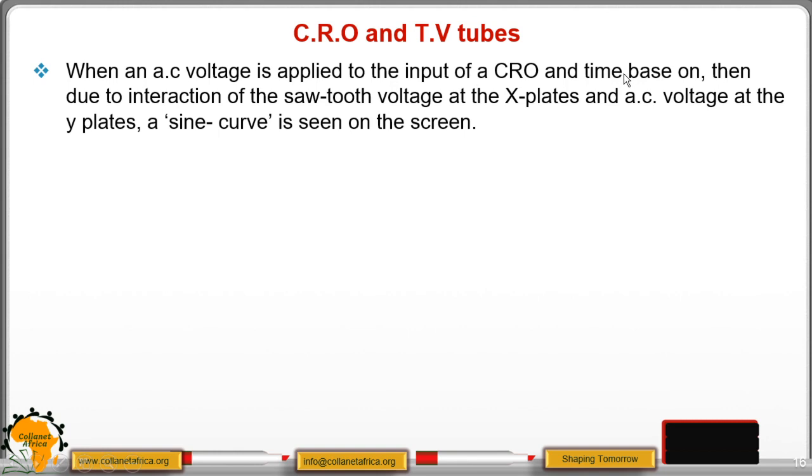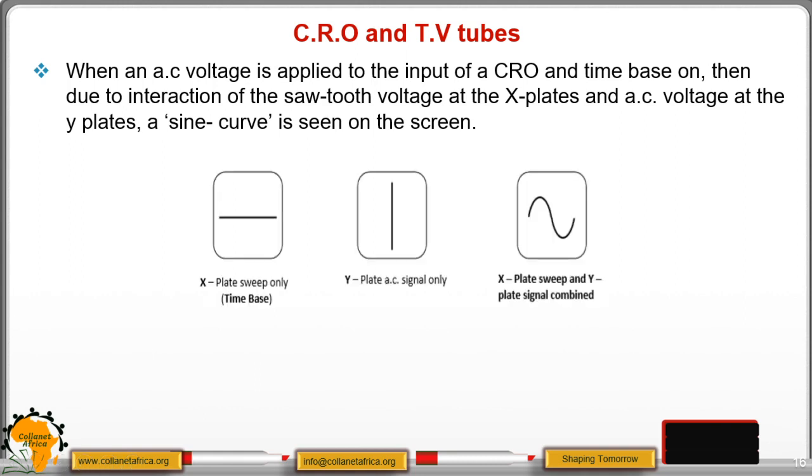So we shall have the vertical deflection and the horizontal deflection. Then the two will interact. That is, we will have the interaction due to the sawtooth voltage on the X plates and the AC voltage on the Y plate. Due to that interaction, we shall have a sine curve, as shown in this diagram.